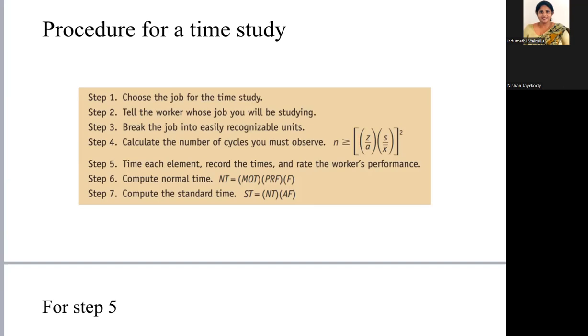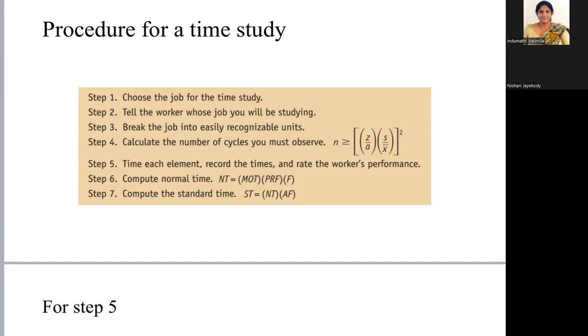The cycle includes all the elements of the job. Thus, this standard time is applied to all workers doing the job. You can see this table or chart. This table shows the steps in the time study. So what are they?